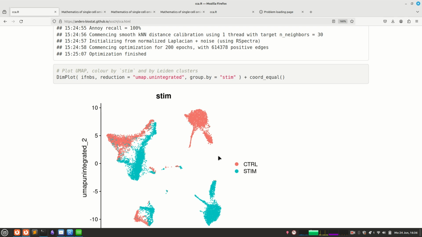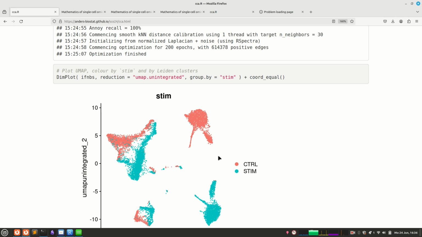kernel smoothing. If we have a stimulated cell and we want to find where it goes in the unstimulated cells, we don't simply subtract only this vector.